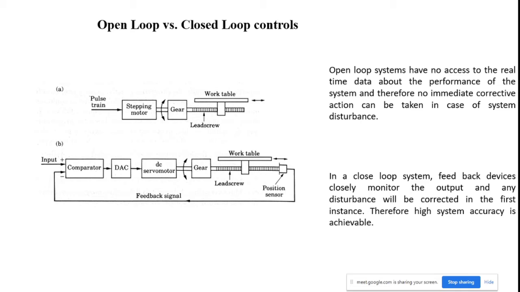Otherwise, I always speak and you always hear but you don't give any response to me, that kind of transfer is known as open loop. Open loop systems have no access to real time data about the performance of the system, and therefore no immediate corrective action can be taken in case of system disturbance.